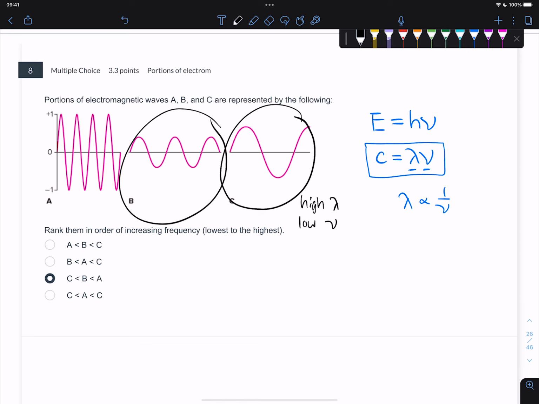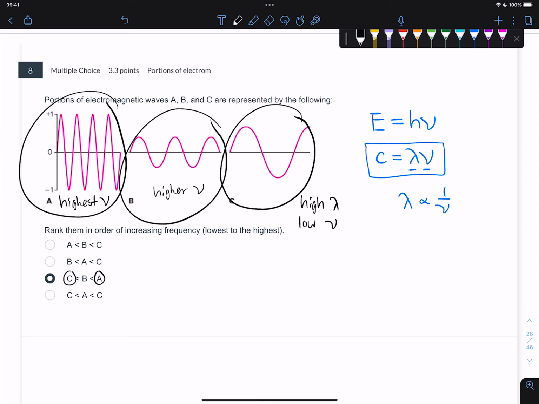B has a smaller wavelength, and since we care about frequency, it has a slightly higher frequency than C. Now look at A, and you'll see that A has a super small wavelength compared to the others. Therefore, it must have the highest frequency. And that does match our answers. A has the highest frequency, C has the lowest frequency.